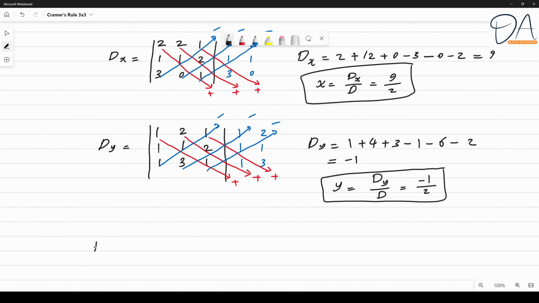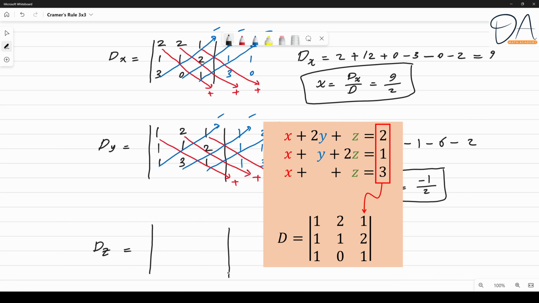Now we can also compute dz the same way. So the determinant dz is the same as d, except that we are replacing the coefficients of z with the constant coefficients. So the x coefficients remain the same, the y coefficients remain the same, and the z coefficients will now be replaced with the constant coefficients.